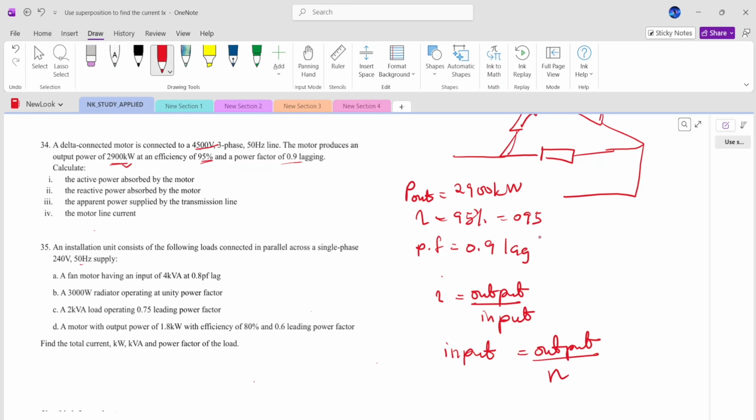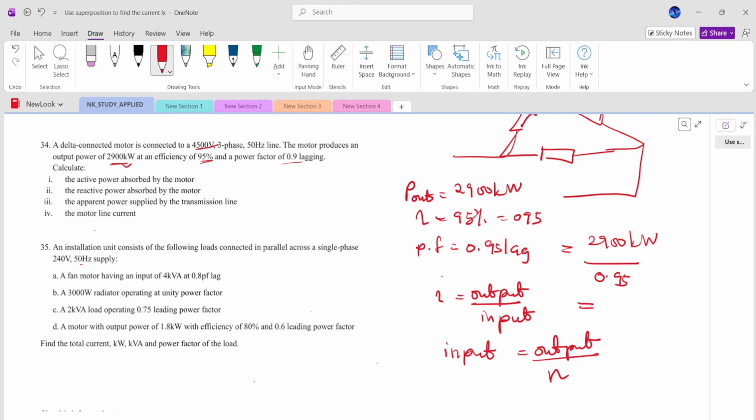So according to this question, our input power, active power, P. Active power is the same as true power, or just power, not quantity power. So we have our output 2900 kilowatts divided by, sorry, it's 95, 0.95.